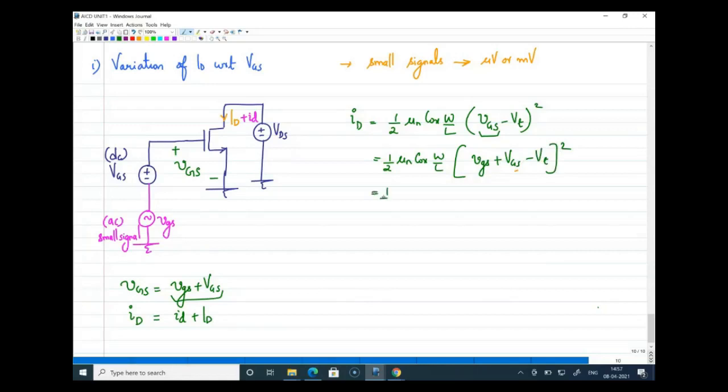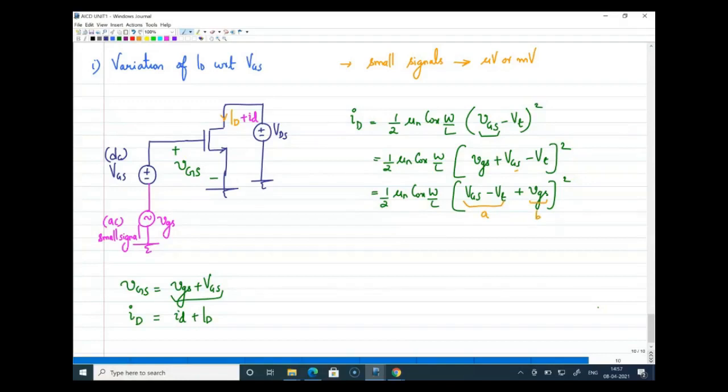So I will just separate the constant voltages and the AC voltage. I will write it as it is now, and consider that this is A and this is B, so it is in the form of (A plus B) the whole squared.